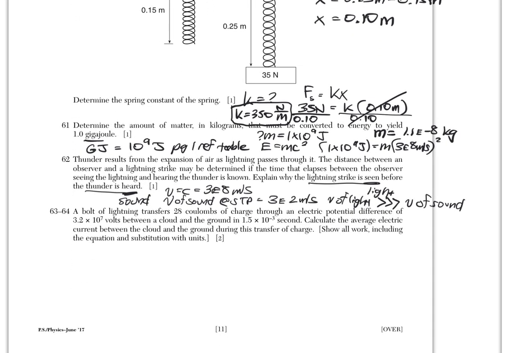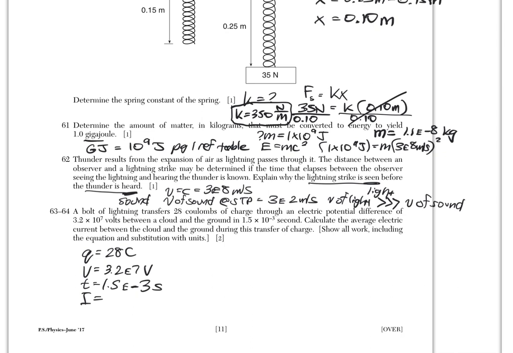All right, 63, 64. Bolt of lightning transfers 28 coulombs of charge. Q is 28 coulombs through an electric potential difference of 3.2 times 10 to the 7 volts. And then the time is 1.5 times 10 to the negative 3 seconds. And it says, what is the current during this time?